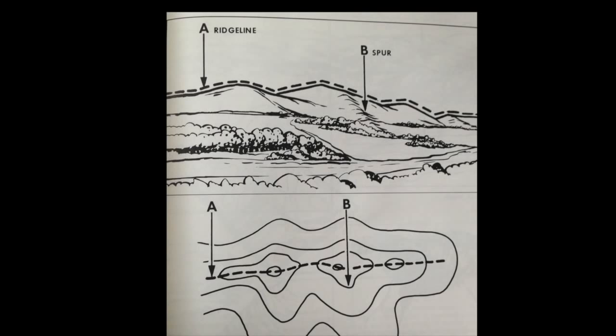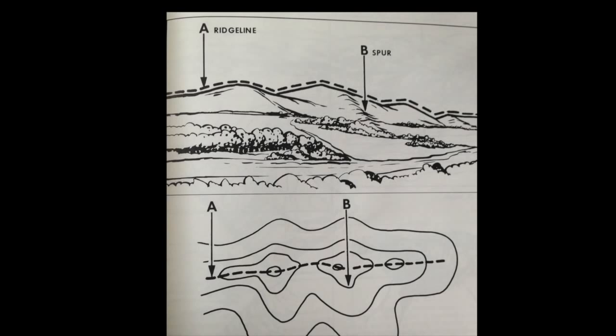Okay, so here's another look at how a ridge line or a spur may look on a map. If you see the A there and you see the contour line closest to the arrow down below the A, you can see that's a sharp V, where the V portion of the contour line would be pointed away from the peak.